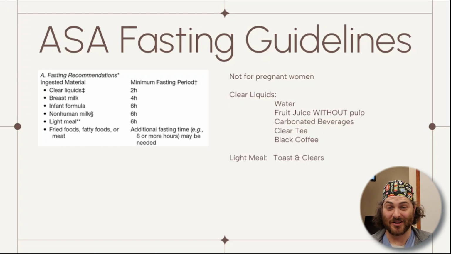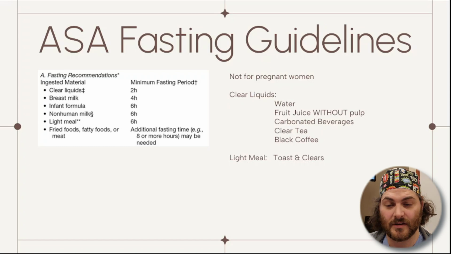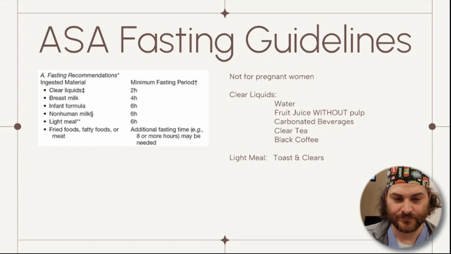But no, some sort of little snack is probably 6 hours. Anything bigger, anything with, like they put on here, fried foods, fatty foods. Fatty foods includes dairy, meat, things that are going to have to sit in your stomach and take a while to digest. That is what's considered to be not a light meal.